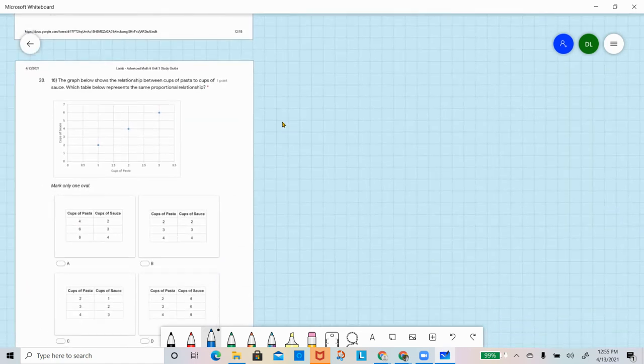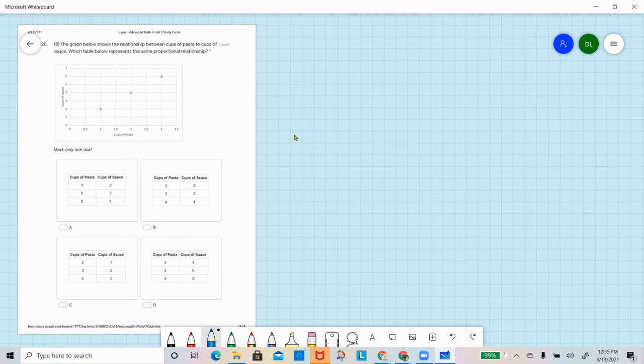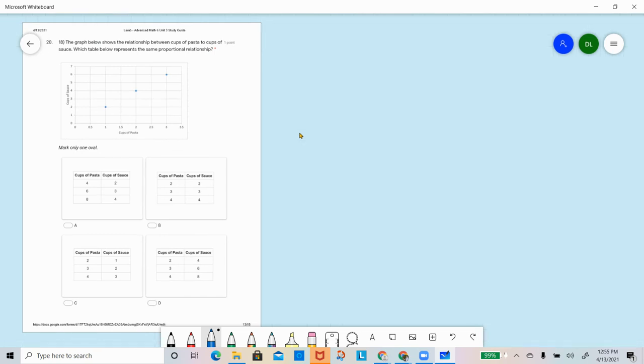Okay, number 18. Ooh, another, I love graphs. The graph below shows a relationship between cups of pasta on the X, right? And cups of sauce on the Y-axis, right? So what's our relationship?